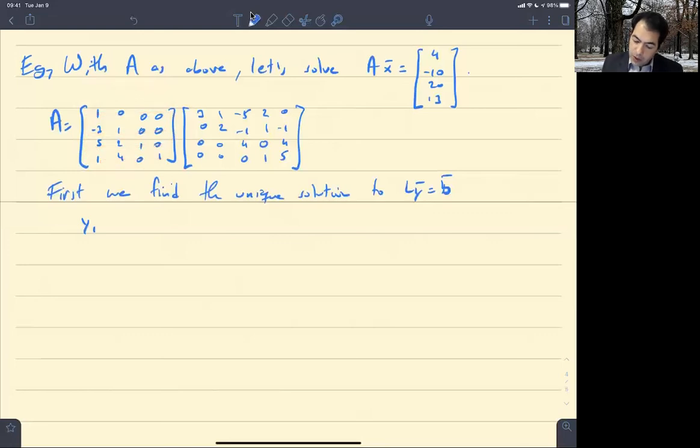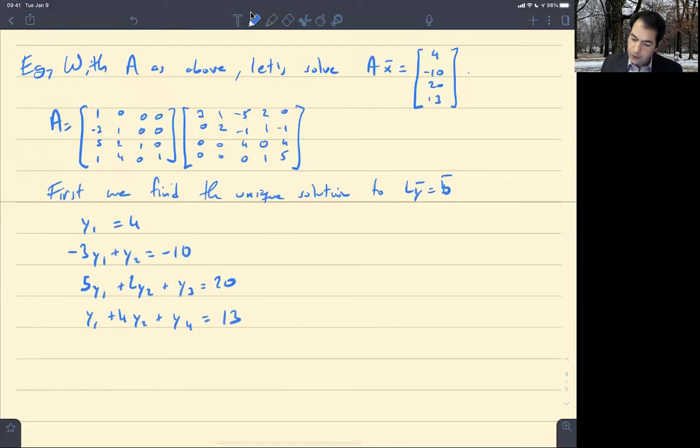So y1 equals 4, then minus 3y1 plus y2 is equal to minus 10. Then 5y1 plus 2y2 plus y3 is equal to 20. And then y1 plus 4y2 plus y4 is equal to 13. I'm getting the right-hand side from here.